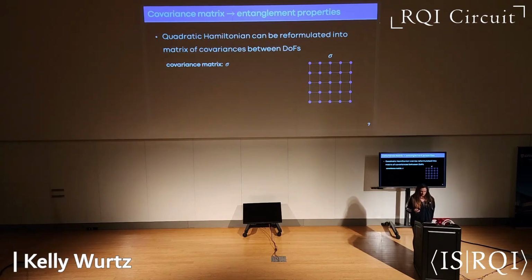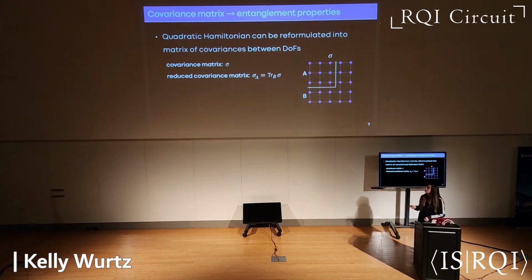And we bipartition it into two subsystems that we can call A and B. Then we can find the entanglement entropy between region A and B in the following way. First, we find the reduced covariance matrix on A by tracing out the part of the covariance matrix corresponding to region B. We could also do the reverse because the entanglement entropy is symmetric in this sense.